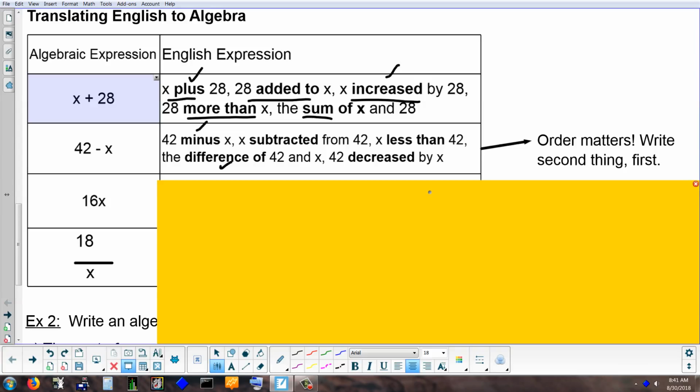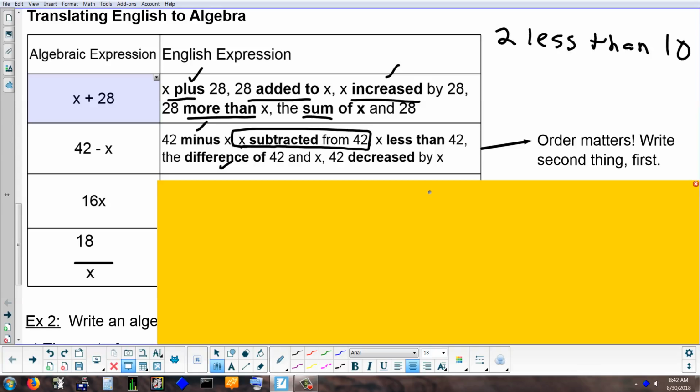This one gets a little tricky. When you see the phrase subtracted from, it's in reverse order. Or even less than. Yeah, it's in reverse order. So I like to think of it with numbers. If I said to you, what is 2 less than 10? What number is 2 less than 10?